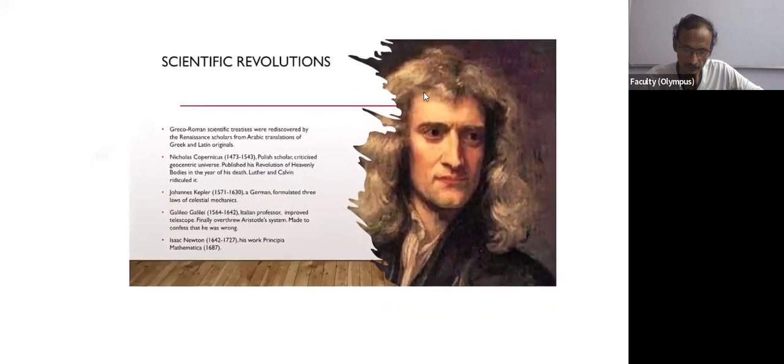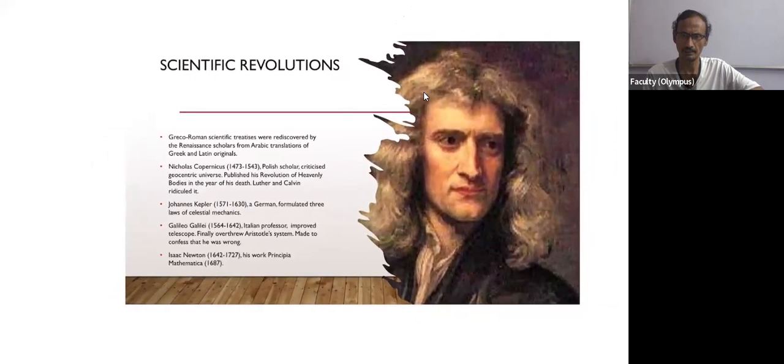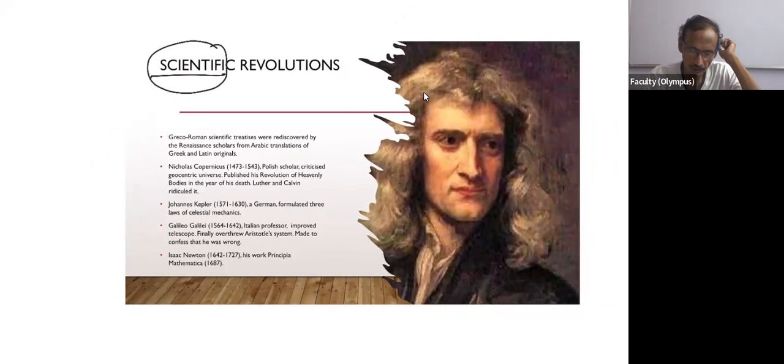Scientific revolution had two elements. One element was purely related to science. And another element was, what were the implications of this kind of thinking and reasoning? And what did it mean for our understanding of the world?